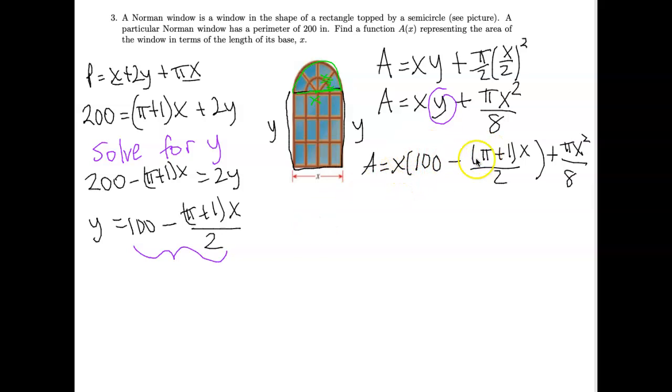Let's go ahead and distribute the x. And so we'll have minus pi plus 1 times x squared over 2 plus pi x squared over 8.